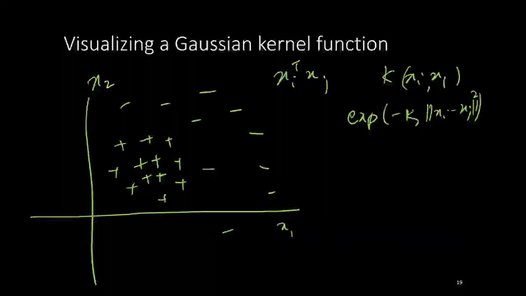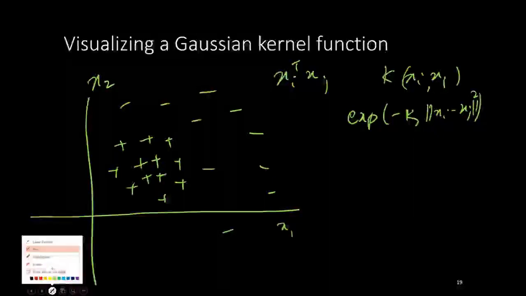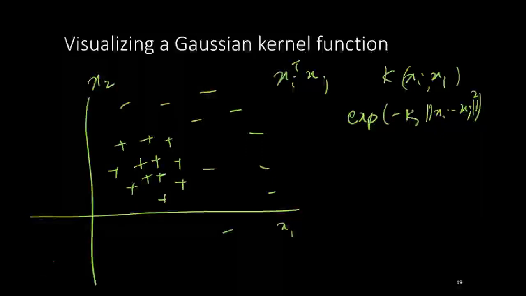Because we are only interested in those points for which alpha_i is greater than 0, those are the only points that are support vectors, and they might look like something like this. Those will be the points that are closer to each other in some sense, not in the linear Euclidean distance sense, but in some sense. So hopefully it will be this point, perhaps this point, perhaps this point, and this point.